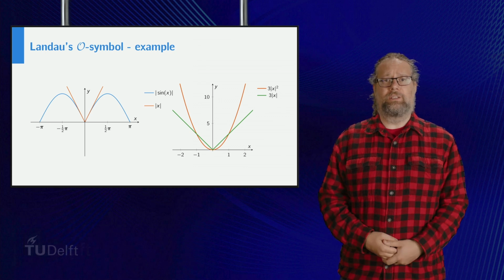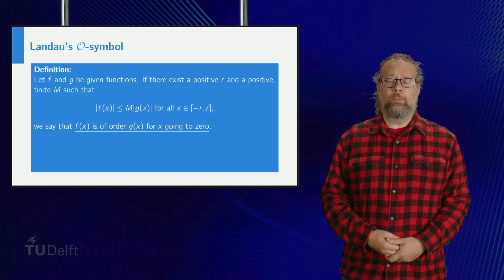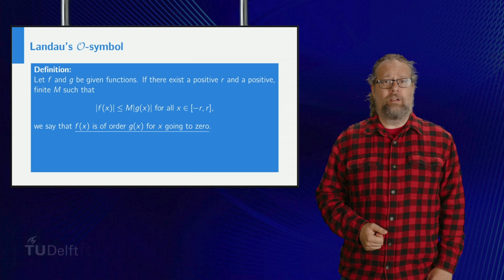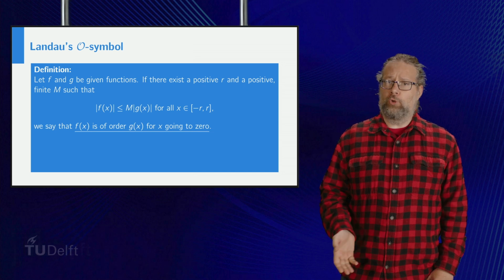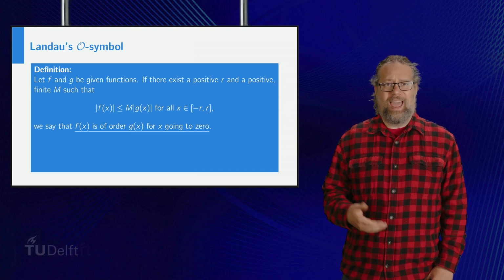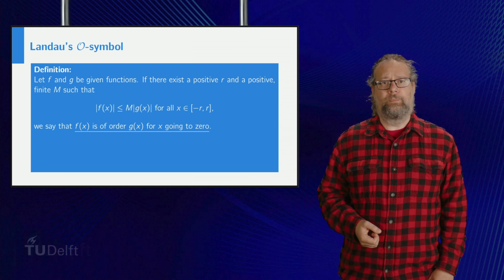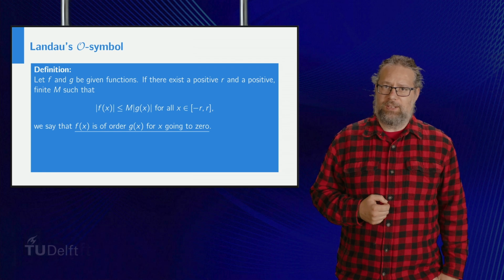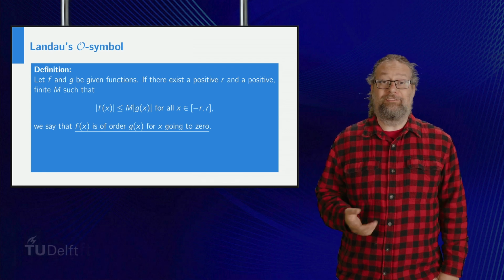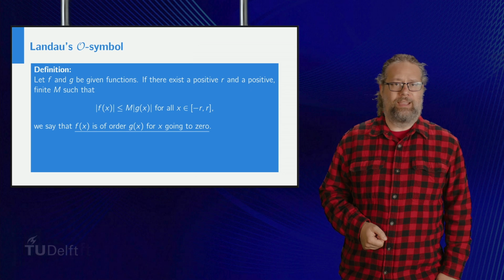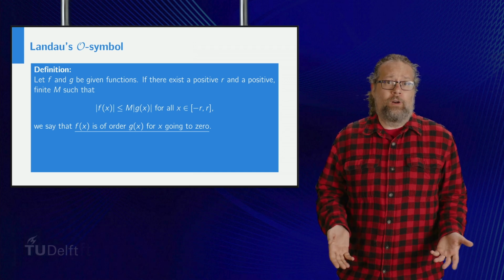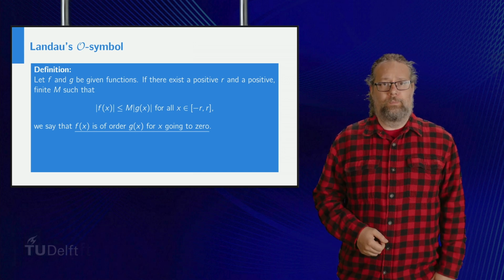Let's formalize the concept. Suppose that we have two functions, f and g, and let's compare them around zero. Choose the interval minus r, r, any small interval around zero. If there is a finite positive constant m such that, in absolute value, f is less than or equal to m times g, then we say that f is big O of g, or that f is order of g as x approaches zero.